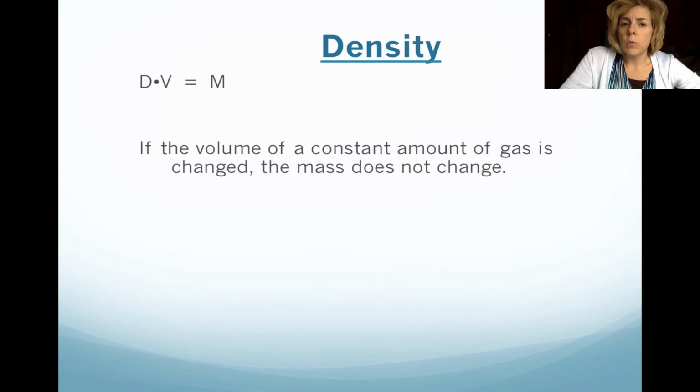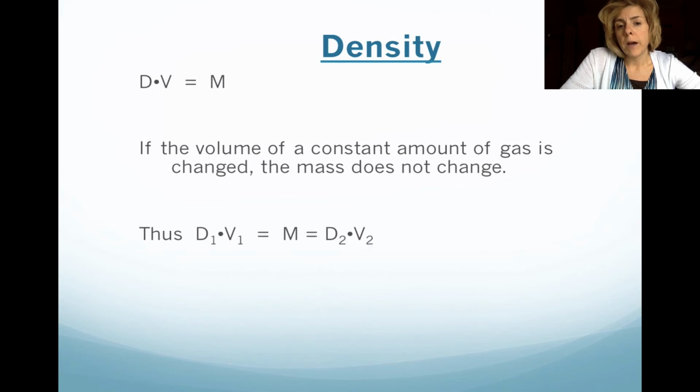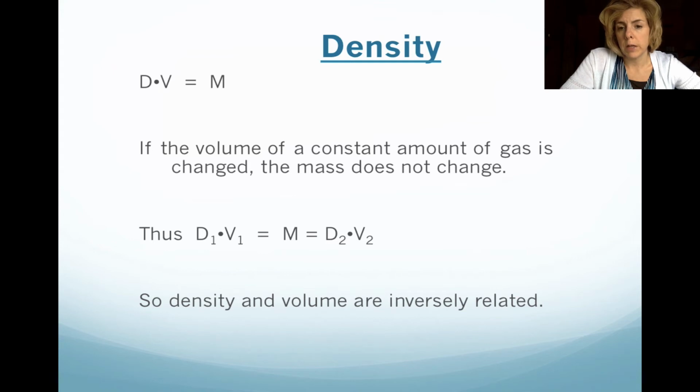So if you wanted to change the volume of a gas but kept the mass the same, you would find that the density is inversely related to volume. If you increase the volume, density should decrease. By the way, M is molar mass.